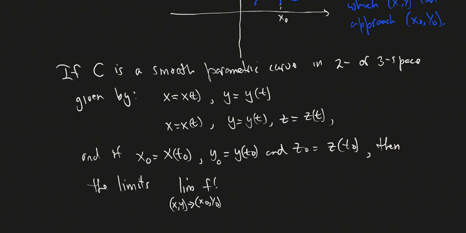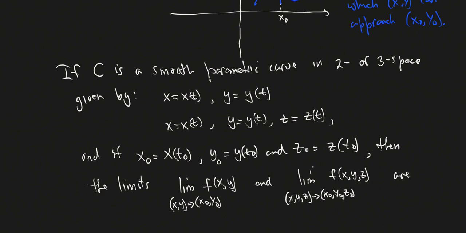And then we still put our function here like this. So this is our function of 2 variables. And then, what does it look like for 3 variables? Well, it gets a little cumbersome at the bottom here, but you have an ordered triple x, y, z approaching x0, y0, z0, and then your function goes here, like that.